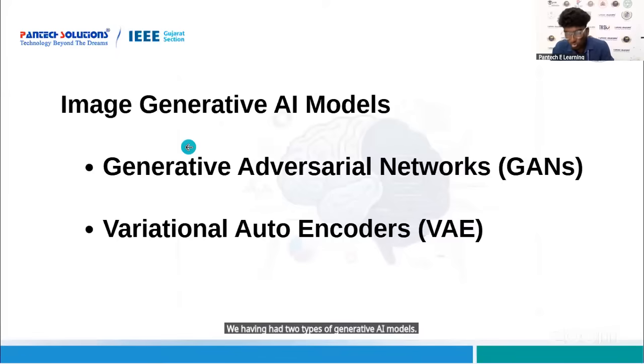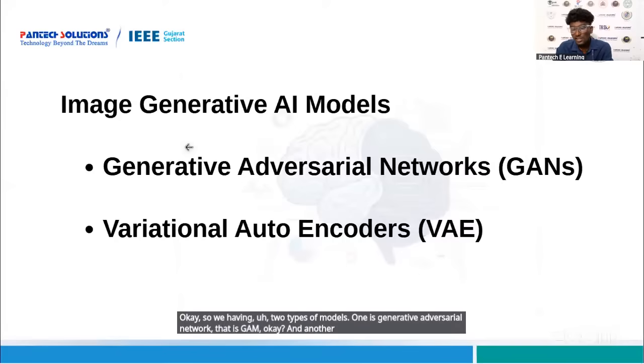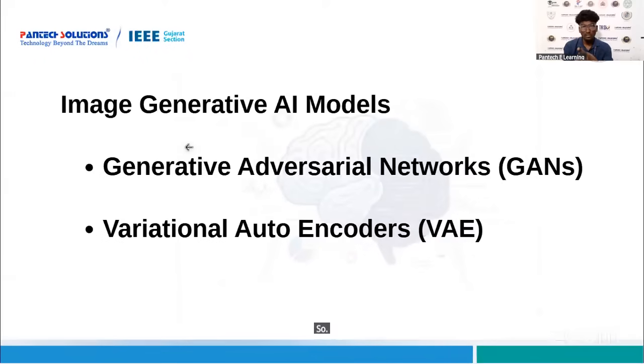One is the generative adversarial network, that is GAN, and another is the variational autoencoder, that is VAE. These two types of models are used to create new images. These are the two very famous models.